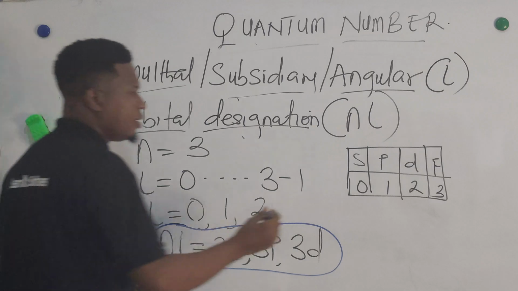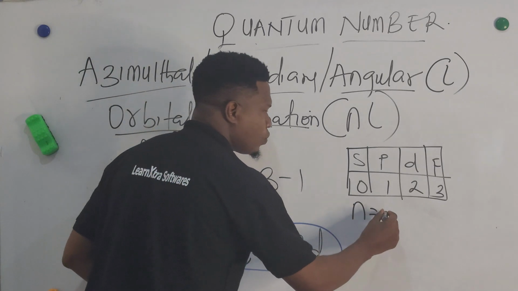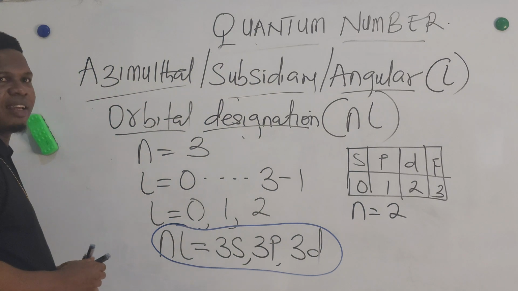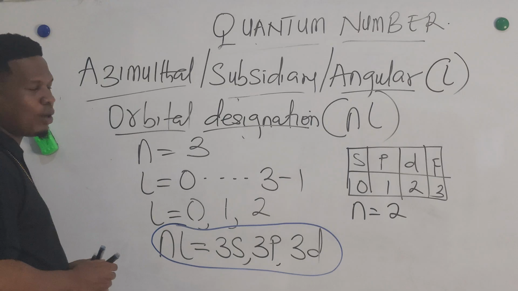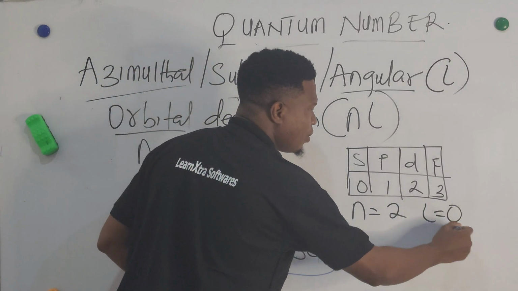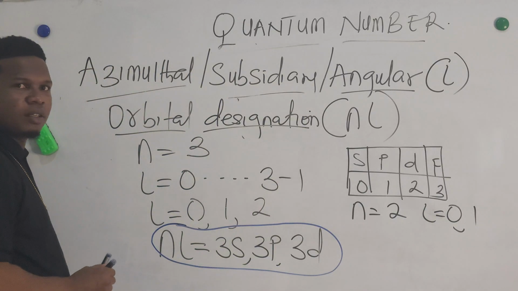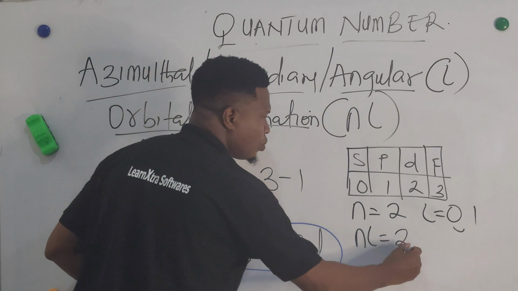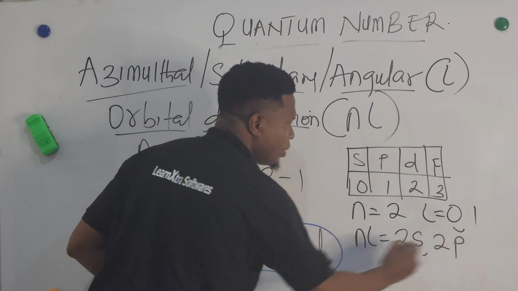Try this. If n is equal to 2, what do you think will be the orbital designations? First of all, let's get the value of l. l should be 0 and 1. Is that not true? So let's combine them. The nl will be 2s and 2p.